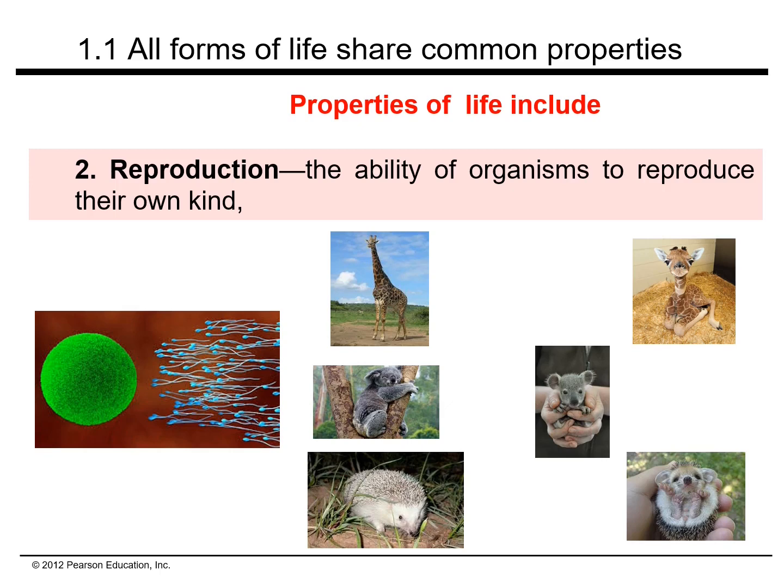Another example of the properties of life is reproduction, the ability of organisms to reproduce their own kind. Here you can see, in all the cases, for example, a baby giraffe and a big giraffe, a baby koala, and this is a property that all living organisms have.